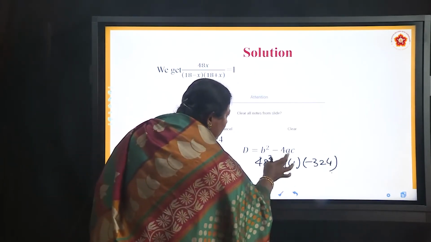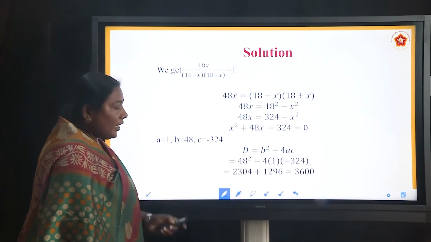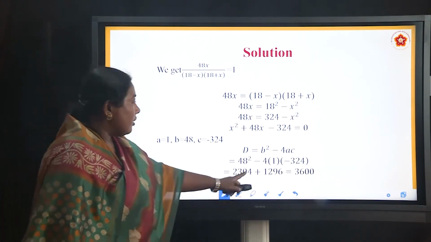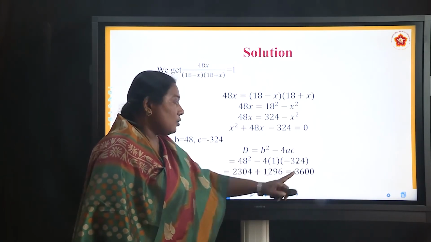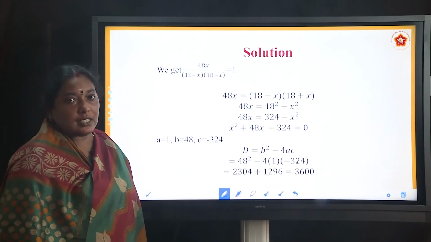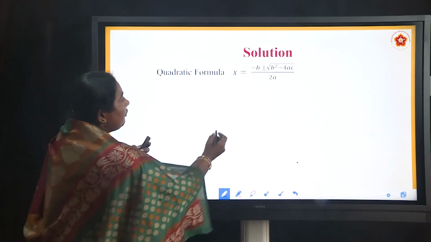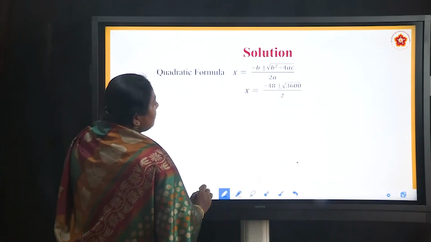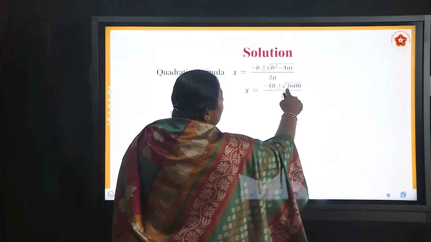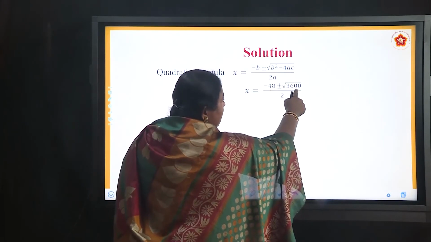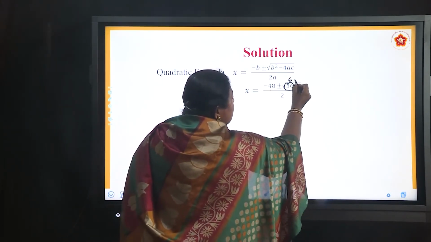You know how to find the square, right? 48 square is 2304 plus 4 into 324, which is 1296. So the answer is 3600. Now put it in the formula. So you get x is equal to minus 48 plus or minus root of 3600, which is 60.